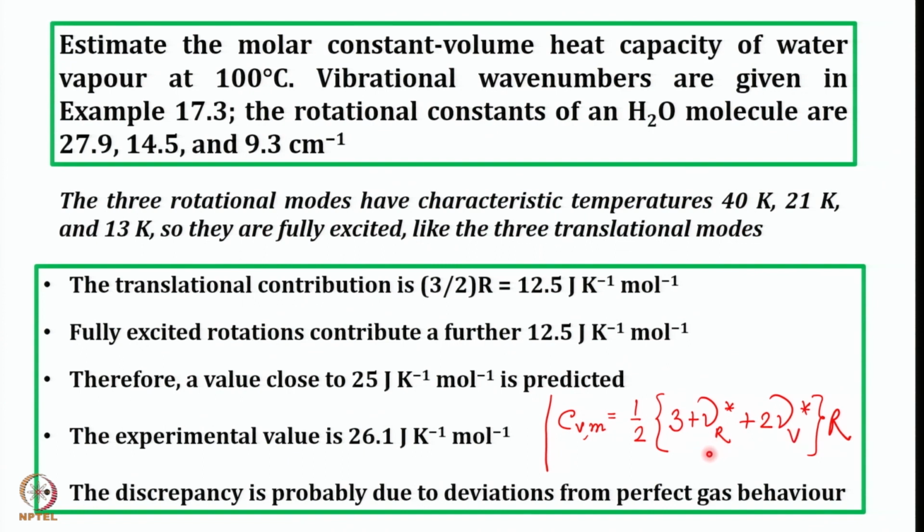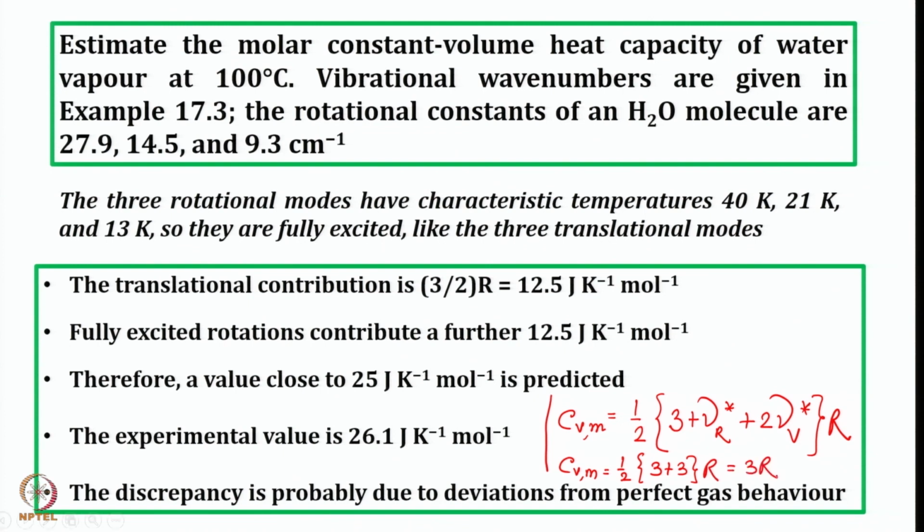Nu R star, we just discussed all three rotational motions around 3 axes are fully active. Therefore, nu R star will be equal to 3. So, therefore, CVM will be equal to 1 by 2 times (3 plus 3) R, which is equal to 3 R.